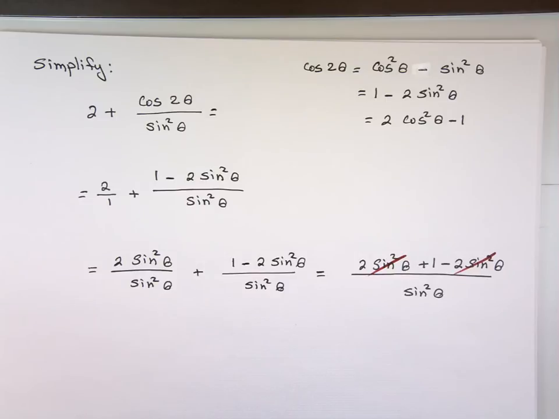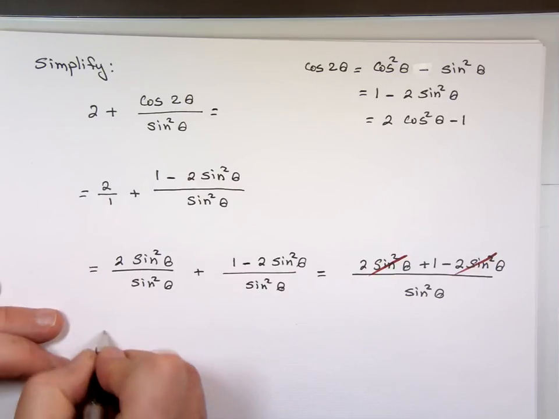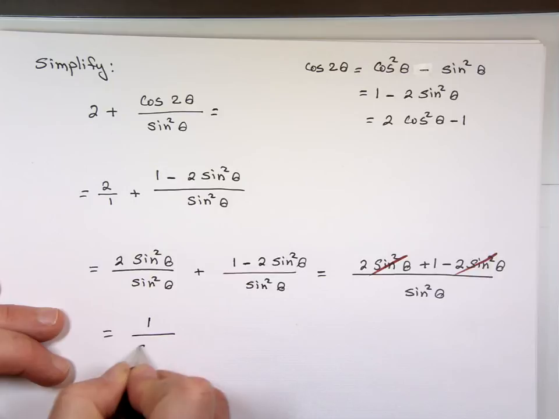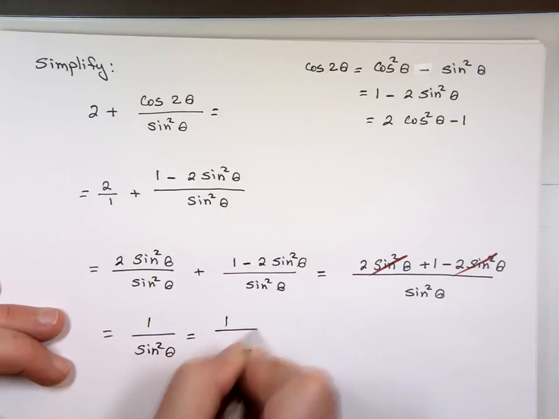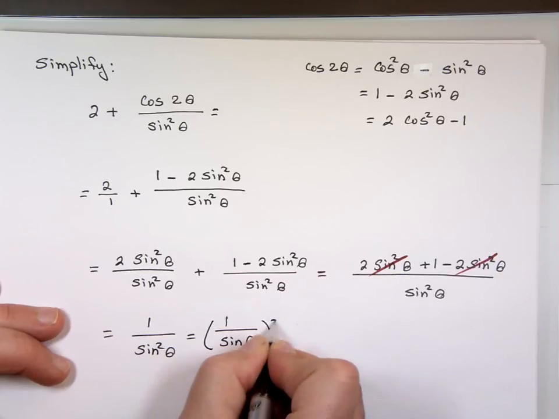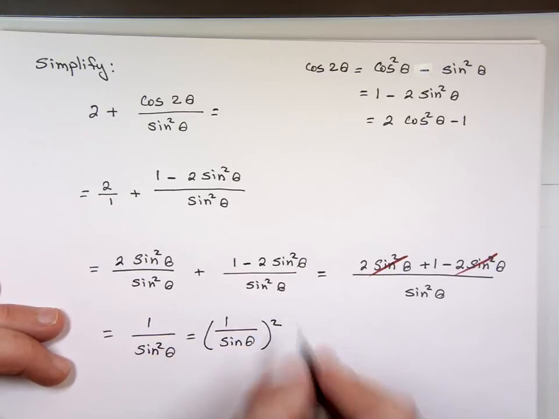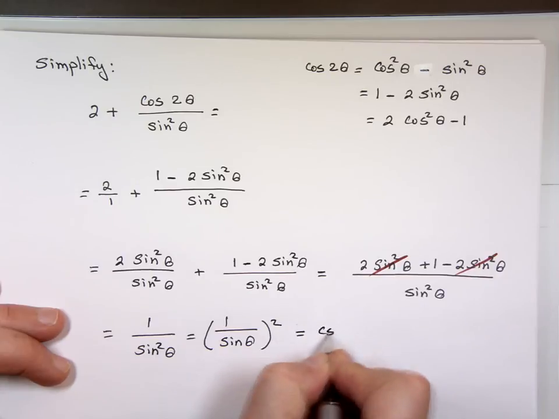These two. One is positive, one is negative. So what's left? 1 over sine squared theta, and you can write that 1 over sine theta, the whole thing squared. 1 over sine is what? Cosecant squared theta.